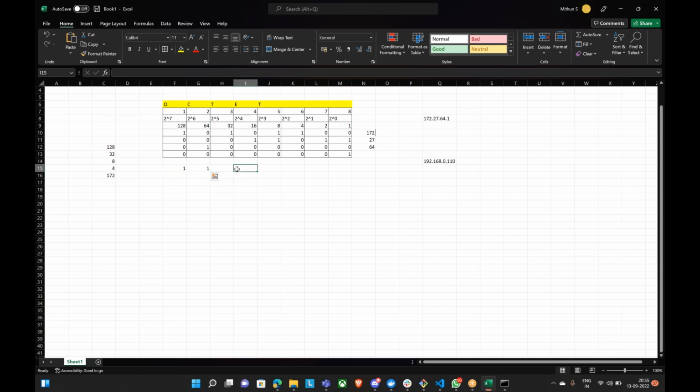It is 192. Okay, you can check here also. If you select any two cells, the equivalent sum you will get here, right? So 192. So rest everything is 0.